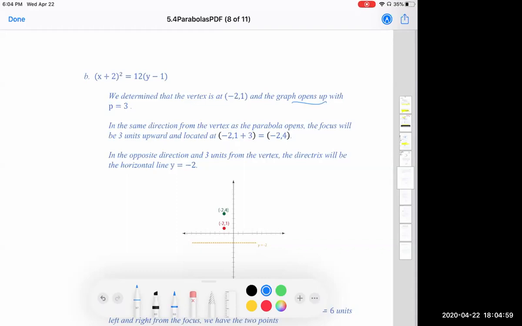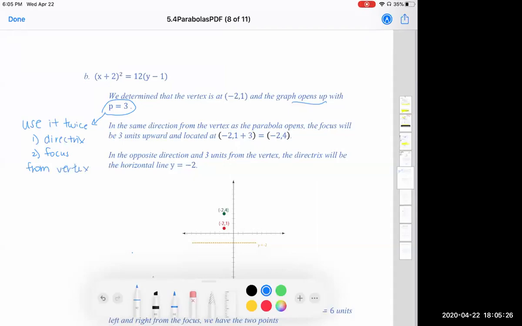So I need to use that p, and I need to use it twice, right? We're going to use it for our directrix and for our focus point. And it's always from your vertex.